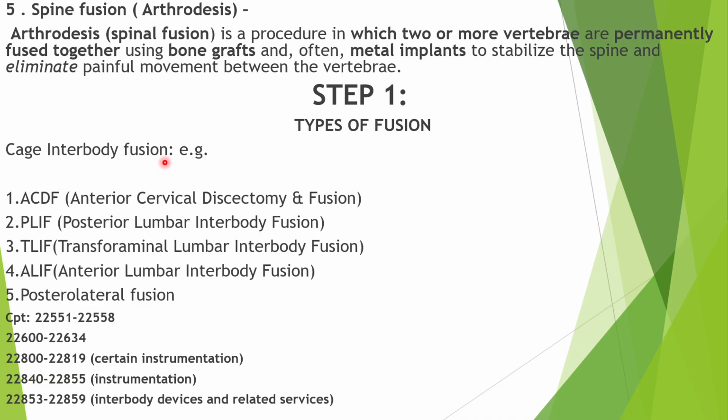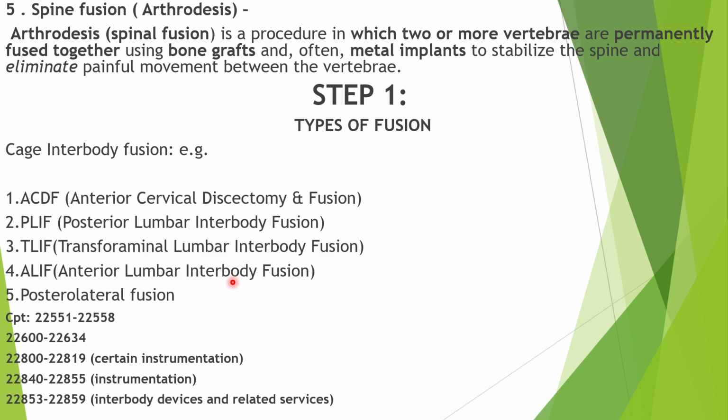First of all, step one is the types of fusion; we have to know that. That is interbody fusion. Examples: ACDF, that is anterior cervical discectomy and fusion, posterior lumbar interbody fusion, transforaminal lumbar interbody fusion, anterior lumbar interbody fusion.